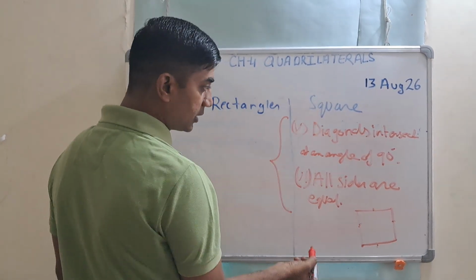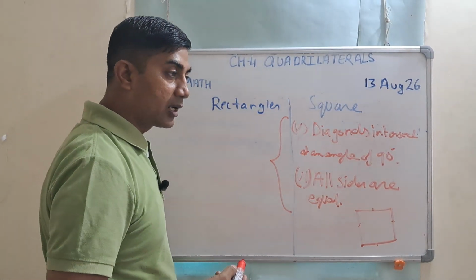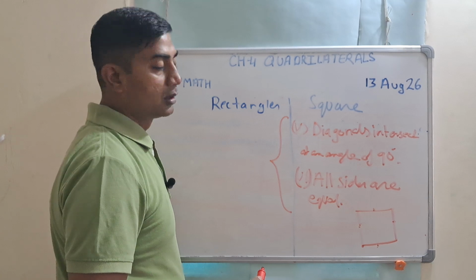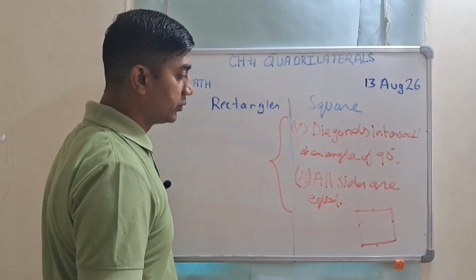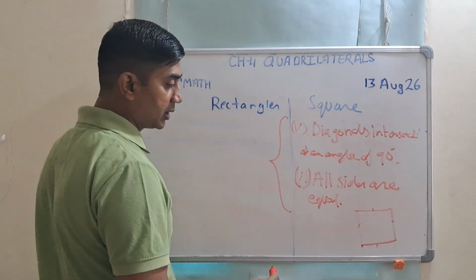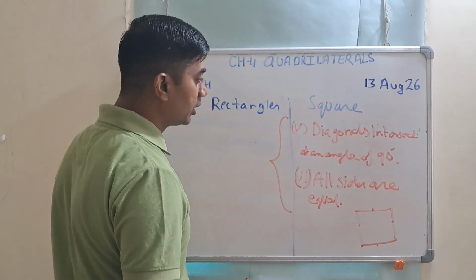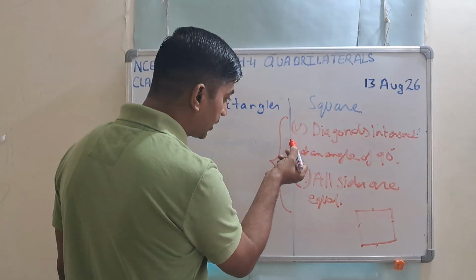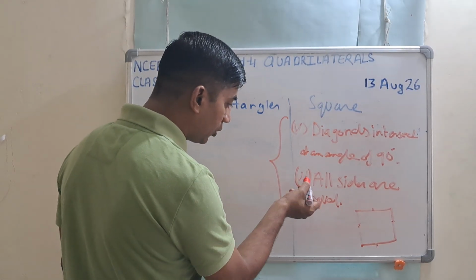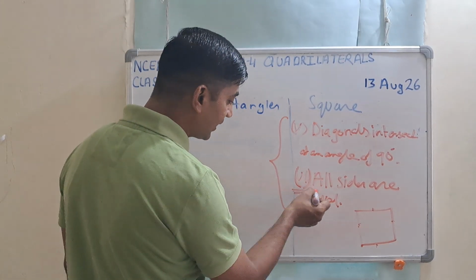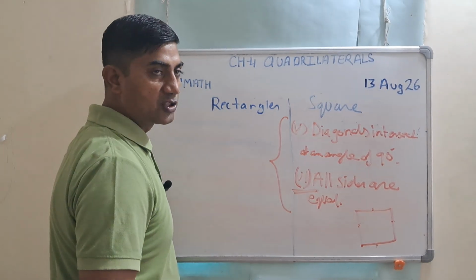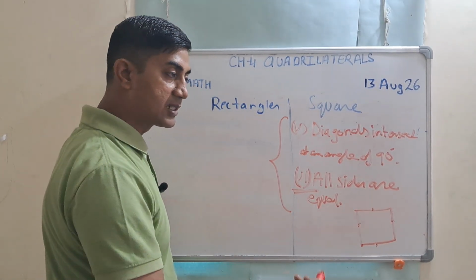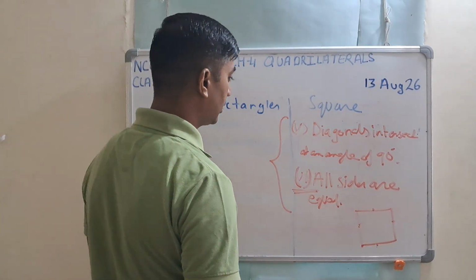A figure has to satisfy all these conditions, then only it becomes a square. In further parts of this chapter, you will come to know that a particular quadrilateral has to fulfil all these 6 points. Only in that case it will be a square. Otherwise it will be another type of quadrilateral that we will study further.